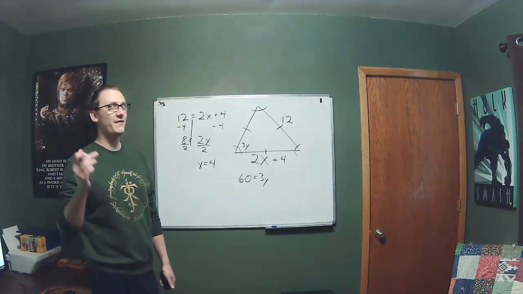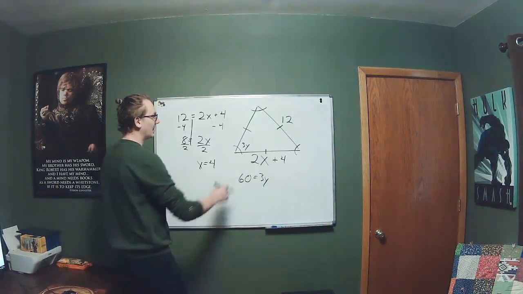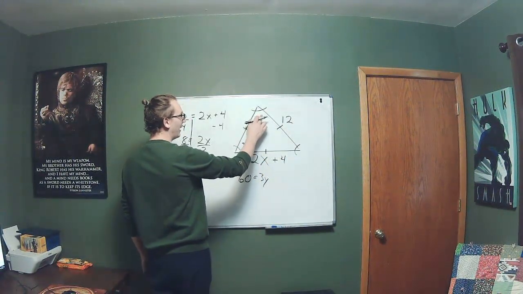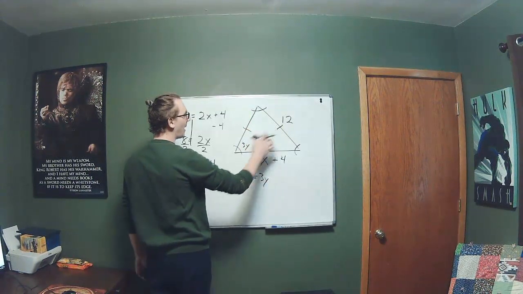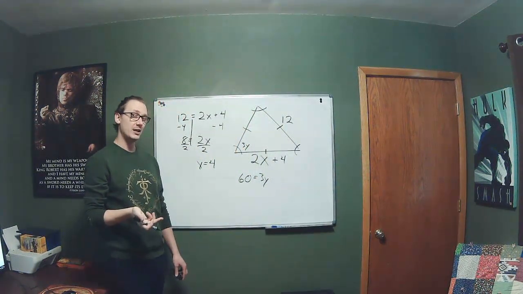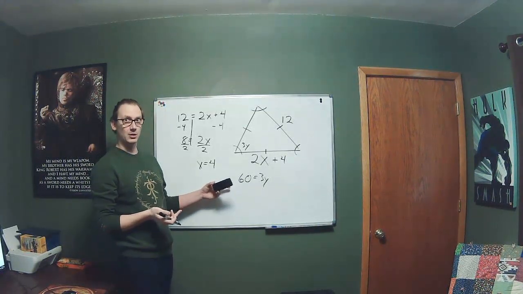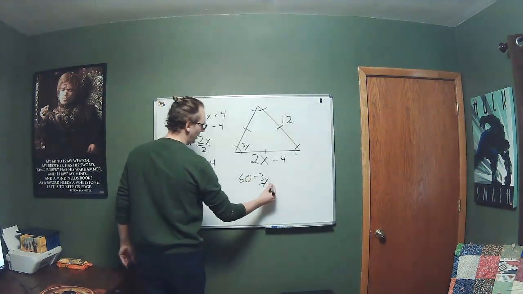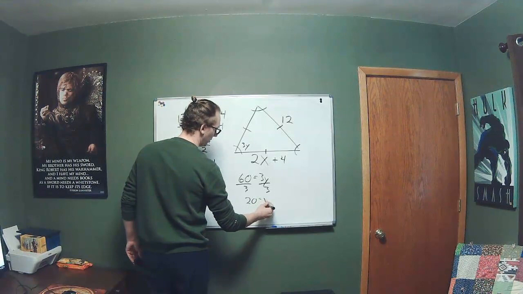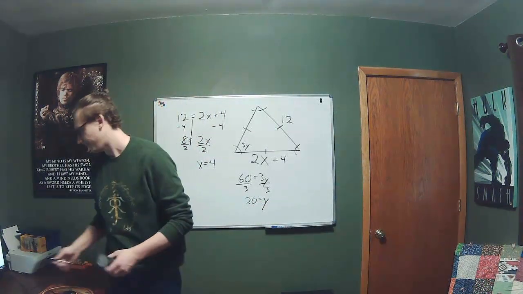You could, if you wanted to, and this would be a gross way to do this, say, well, this is 3y, therefore this is 3y, therefore this is 3y, therefore 3y plus 3y plus 3y equals 180. You could, and the answer would be the same. It is faster to divide by 3. You get y by itself, and 20 equals y. So that's equilateral and equiangular triangles.